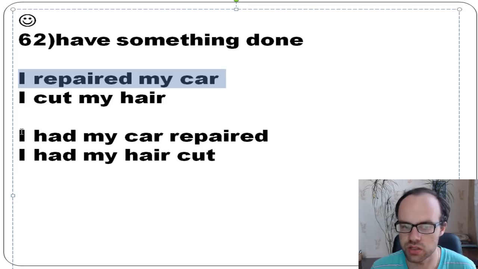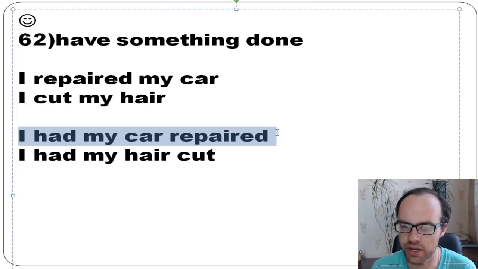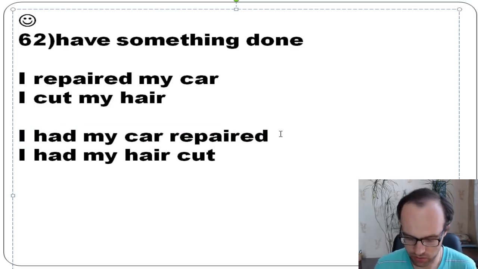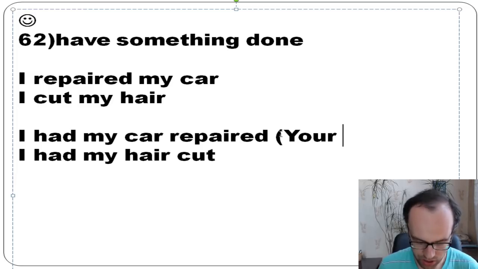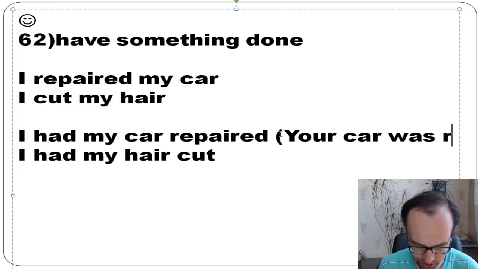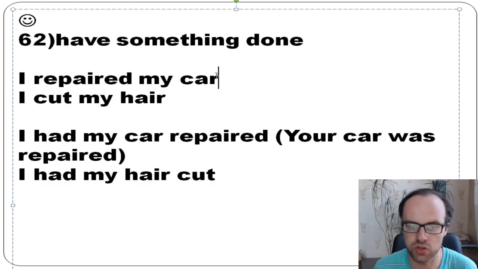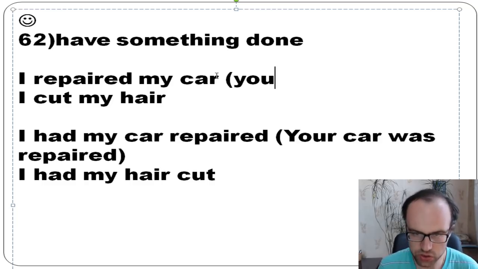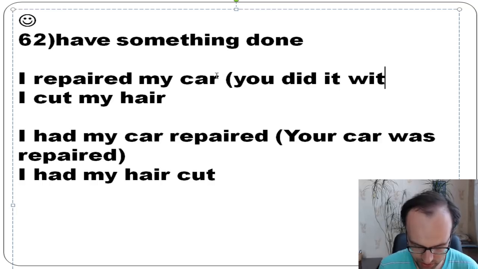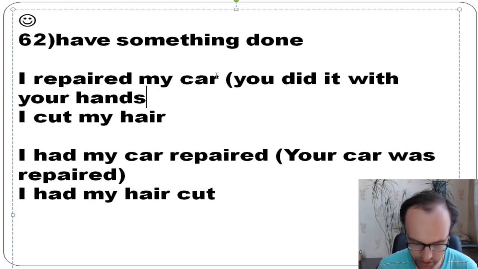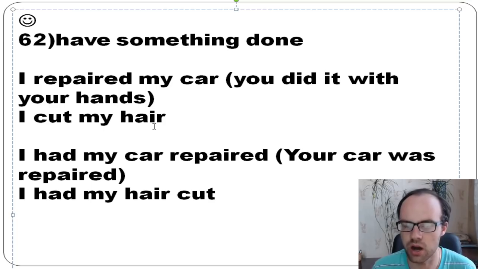You need to say I had my car repaired. It means that your car was repaired, but not by you. So I repaired my car means you did it with your hands. I had my car repaired.